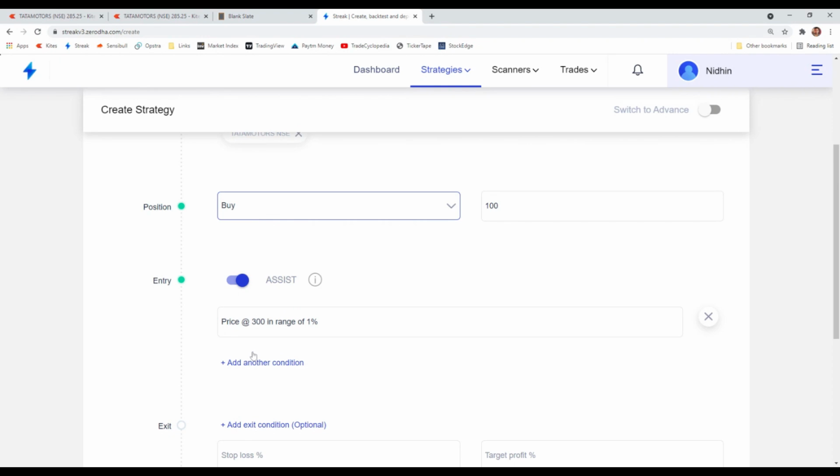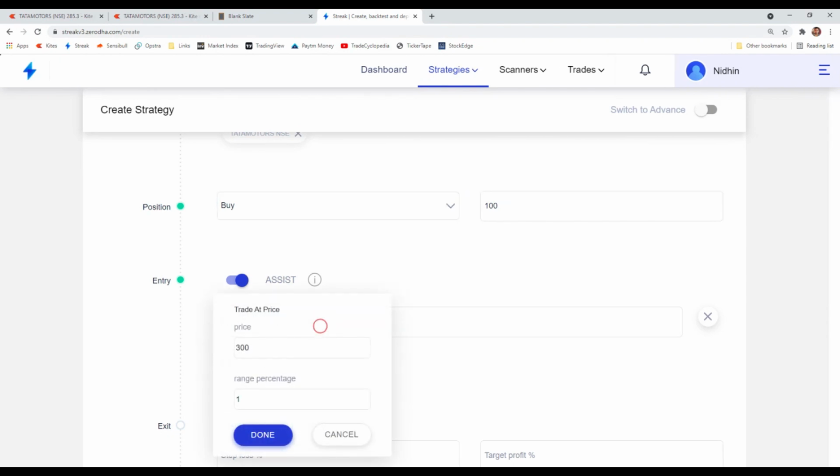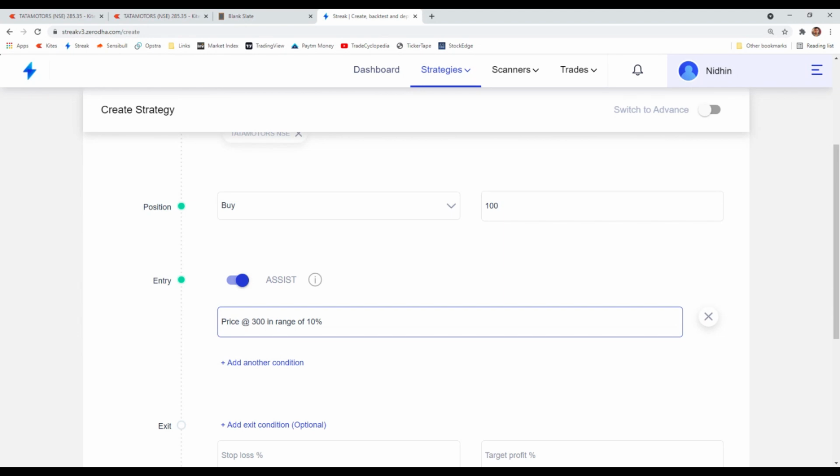So this is the main difference between specifying a range and not specifying a range. If the range is, let's say, 10 percent, then the range would be 10 percent of 300 upside and downside. That is 30 rupees, so 270 to 330.